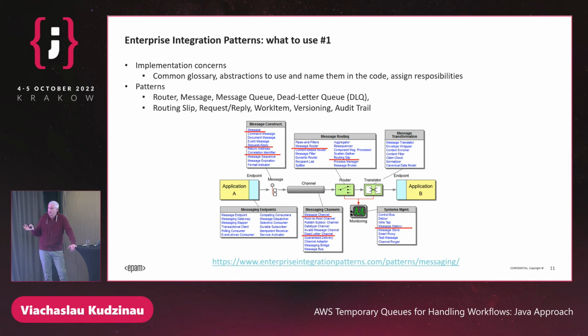Work items, this is an important thing with workflows. This is the item coming from step to step. So it has to be one item per workflow. Do not expect that a step generates a different type of structure. And versioning, of course, we need to version our structures, our data coming into the queues, for obvious reasons.